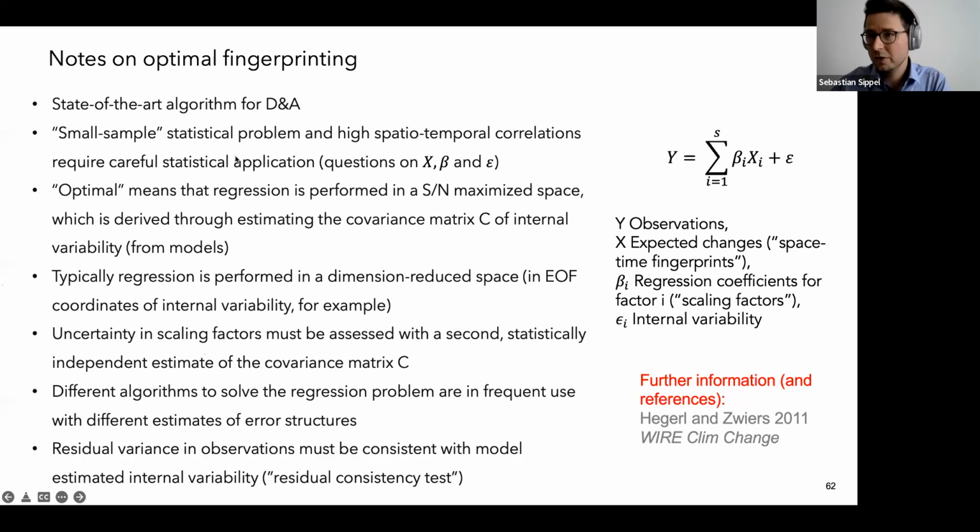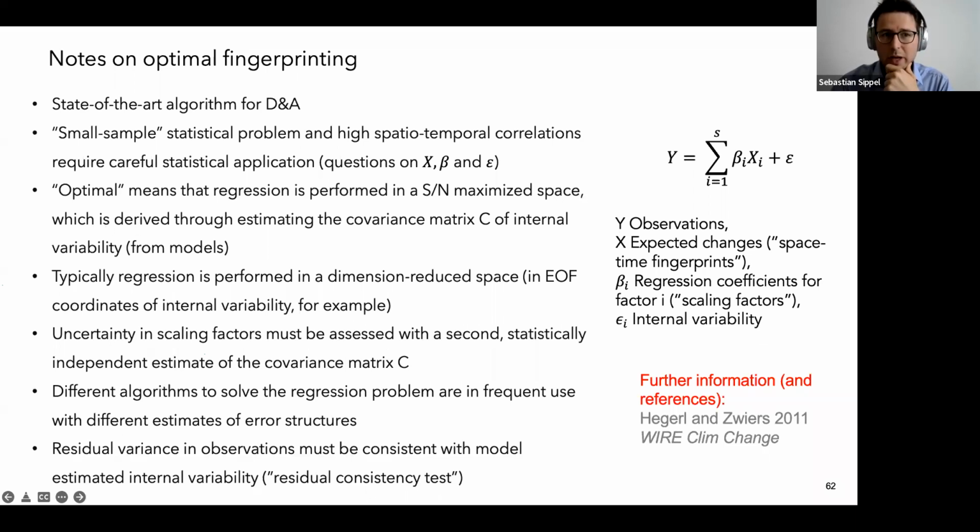So in order to get a statistically valid confidence interval, we have to be very careful about in which dimensionality we do the regression. There are questions that relate to how we deal with internal variability and how we deal with these scaling factors. Now, the optimal part in optimal fingerprinting means that this regression is performed in a signal-to-noise maximized or rotated space.